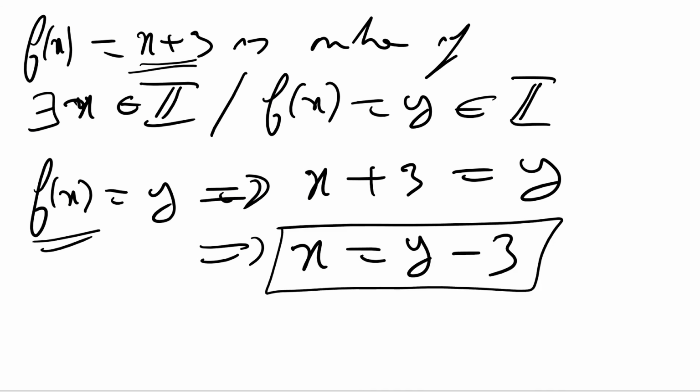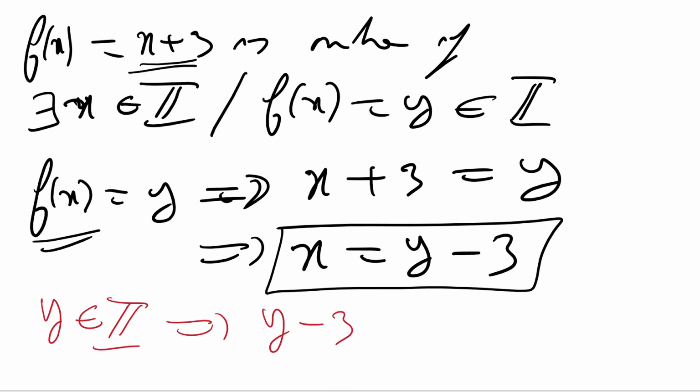Now, how do we make sure that x is in the domain? Indeed, our domain here is the set of integers. So y is in the set of integers. This implies y minus 3, because 3 is an integer, should be in the set of integers, right?